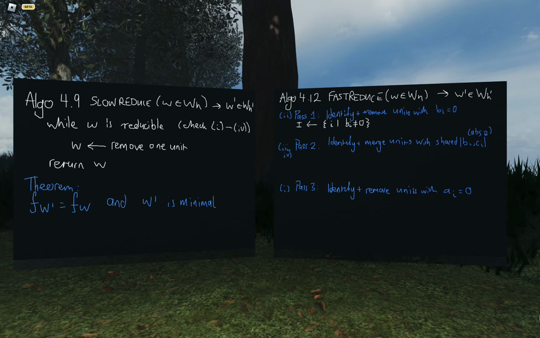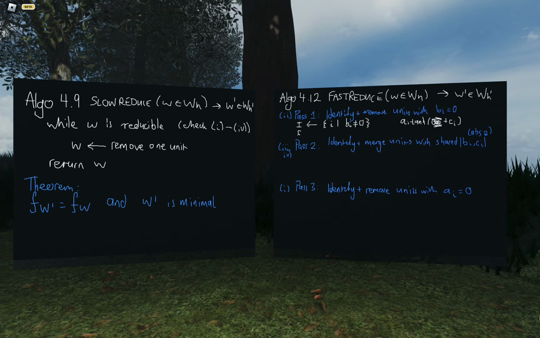It's important at this point to define, I didn't mention it earlier in detail, but when you go to remove a unit like this, it means that somewhere in your sum, you have something like AI tanh(0x plus CI). This is not actually 0 unless CI is 0. So this is nothing, but AI tanh(CI) is a constant. You can still remove this unit because you can just fold this constant into the output constant. The output units have a bias, and you can just fold this into that.